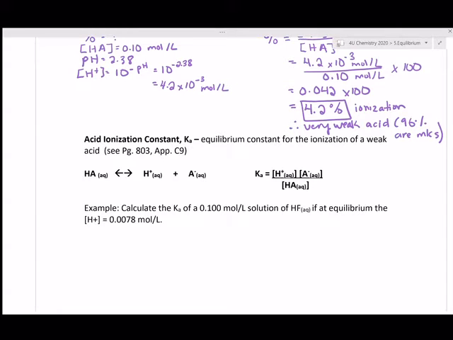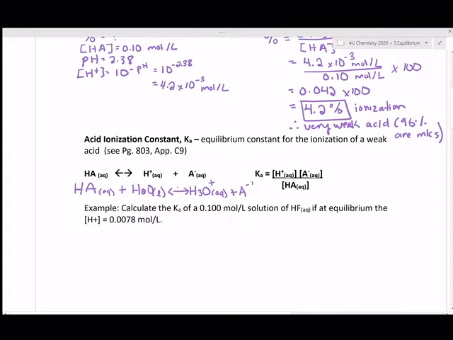If we think of what's happening when the acid ionizes, we start with our acid, and you can think of it as the acid is put into water, which is a liquid. Then the acid gives up its hydrogen to the water, so we actually make hydronium. And then we also have just the leftover anion.